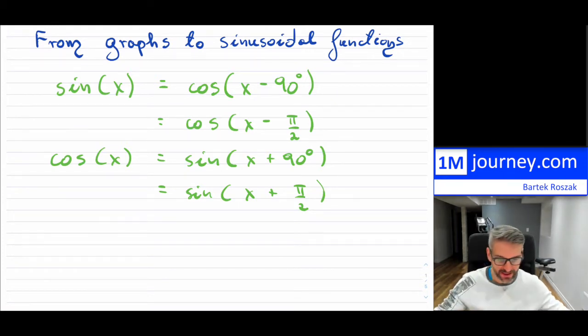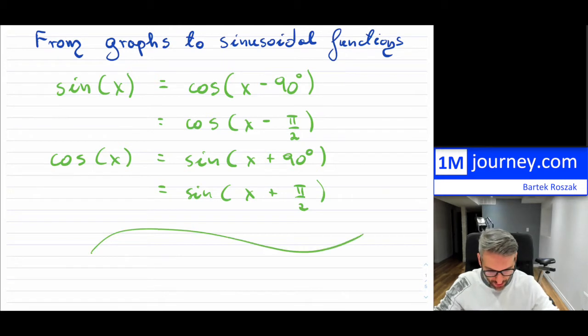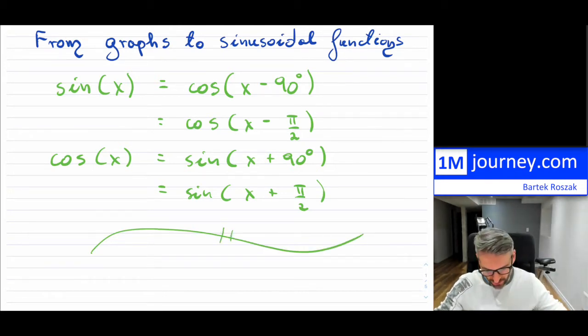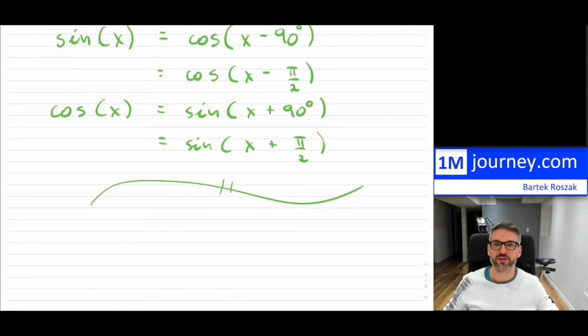Let's see how we can break these things down. In transformations, a little bit of deja vu: the initial part of transforming, which I talked about in the earlier video, applies for both sine and cosine.